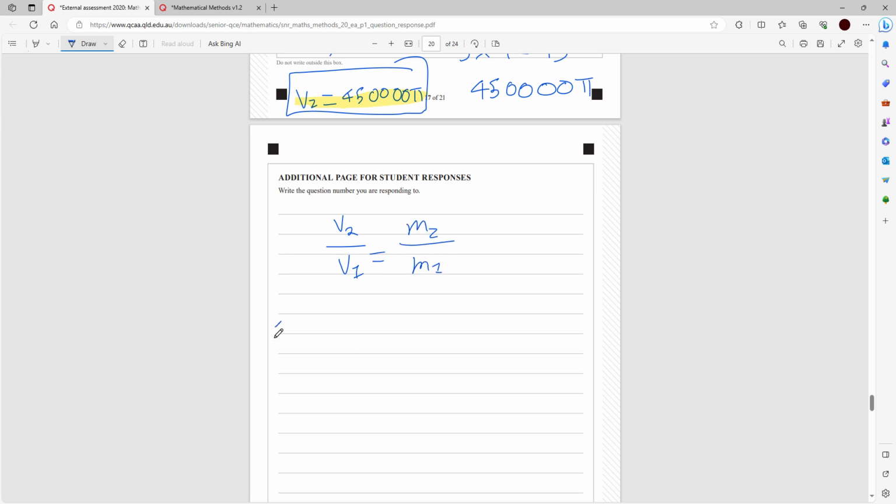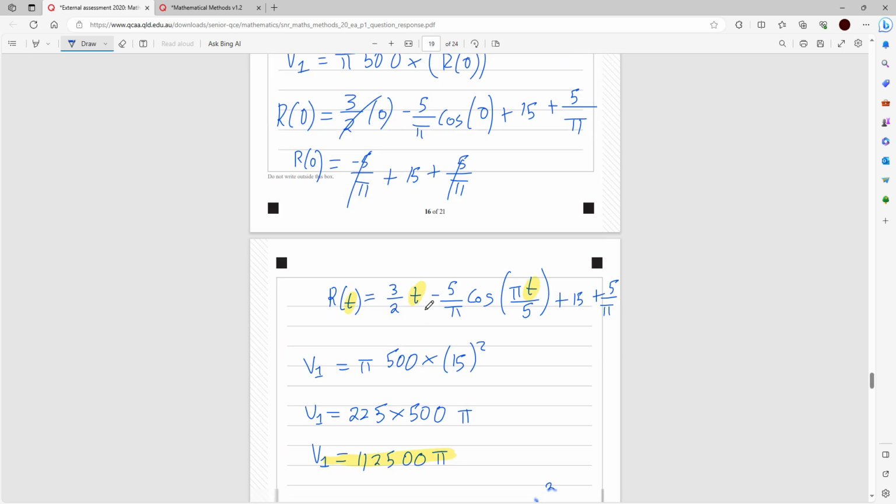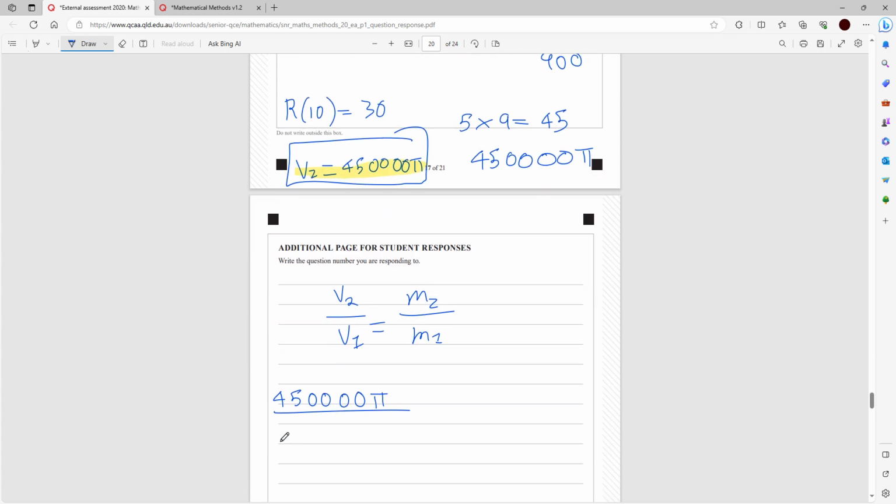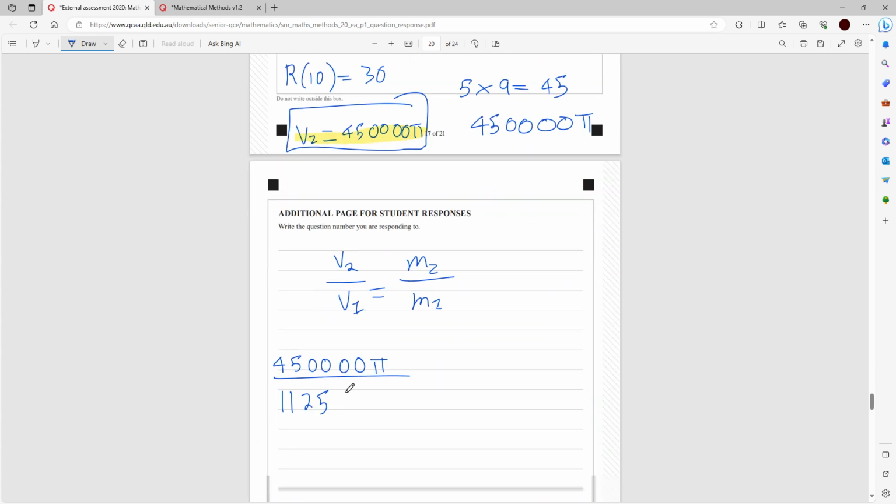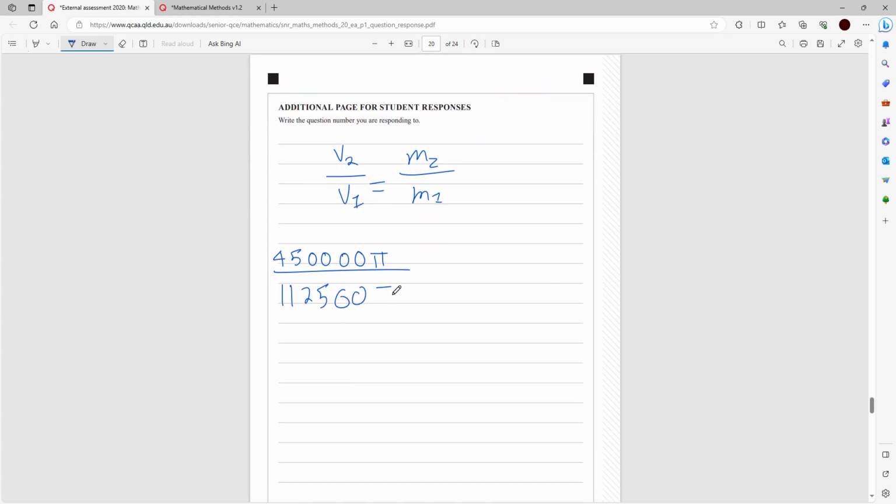So we're going to have 450,000 pi divided by 112,500 pi. Now, you're probably thinking, how are we going to do that without a calculator? Well, it's going to be a whole number because it's a non-calc paper. So we're only looking for an integer.